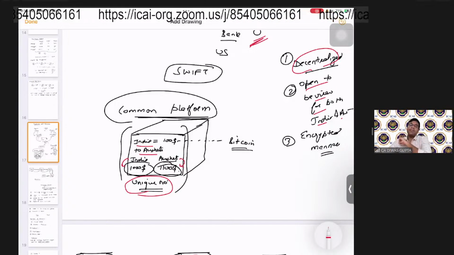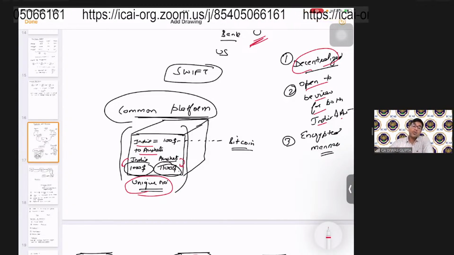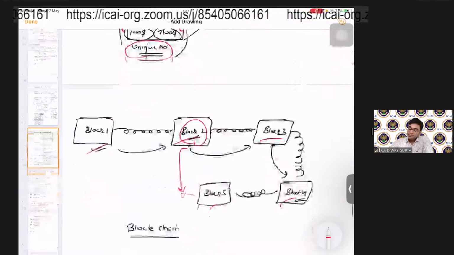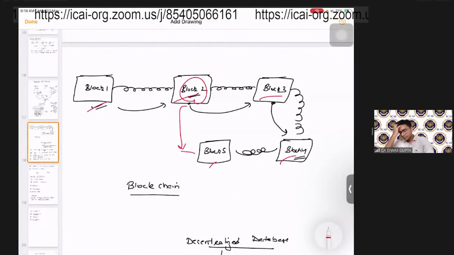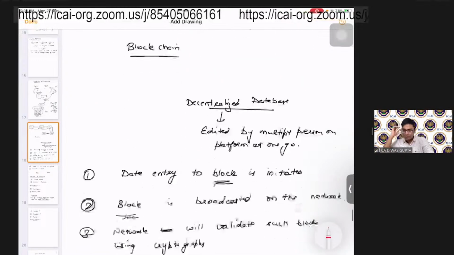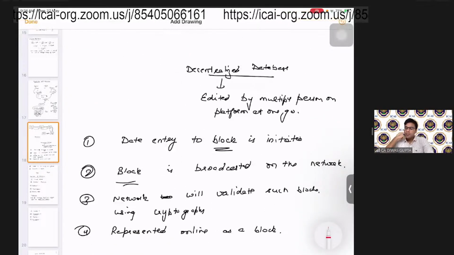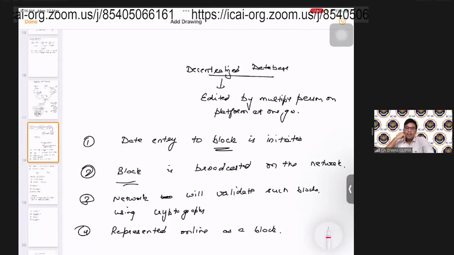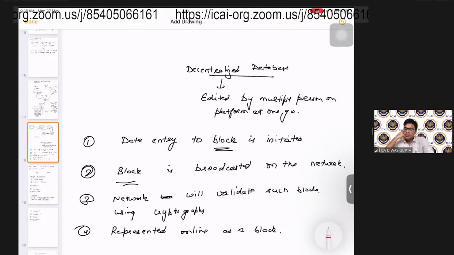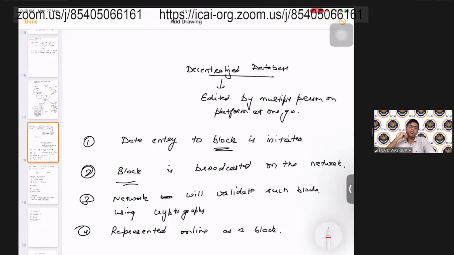And the data entry happens in an encrypted manner, and it is also stored in an encrypted manner, students. Clear? So we call this a decentralized database because it is edited by multiple persons on the platform at one go.